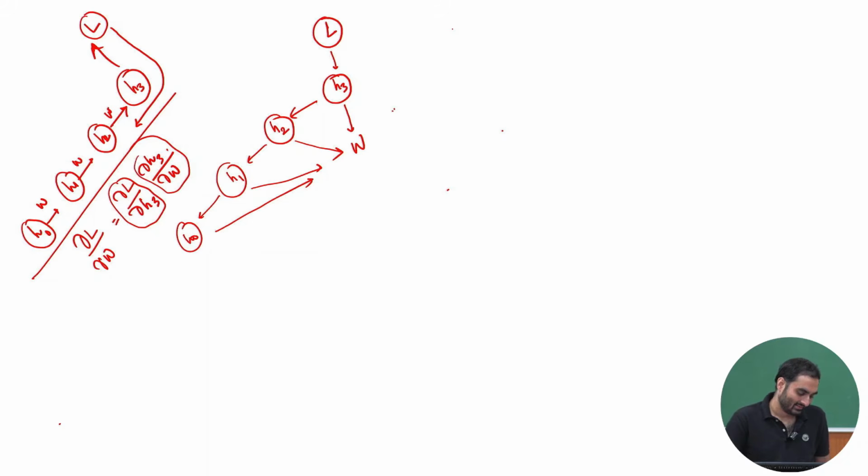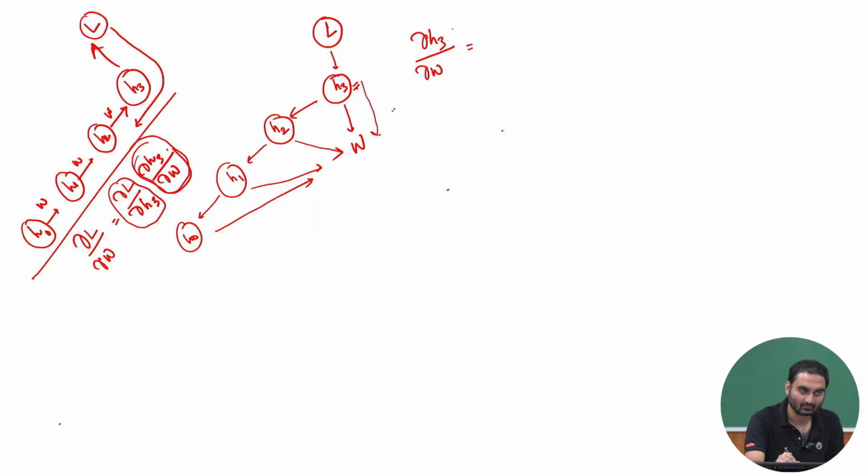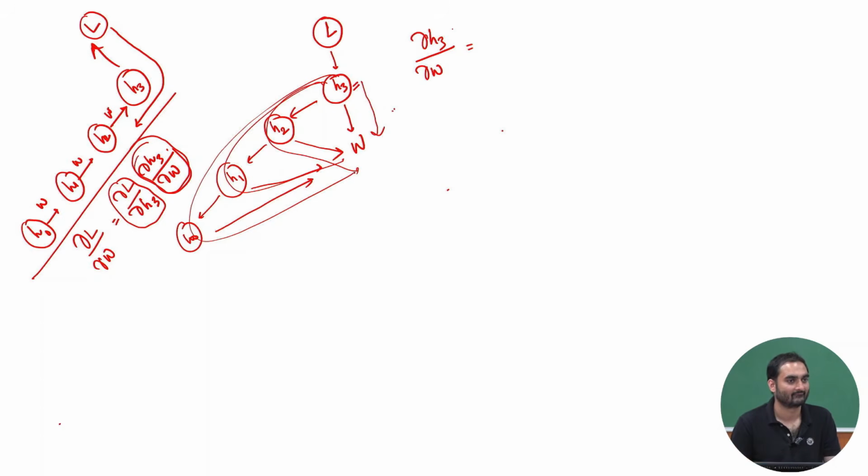Let's only focus on this component, dH3/dW. Look at this path. This is one path to reach W, this is another path, another, and another.